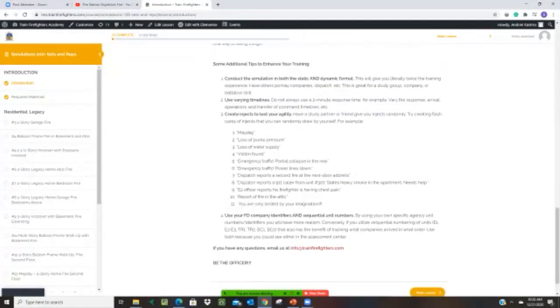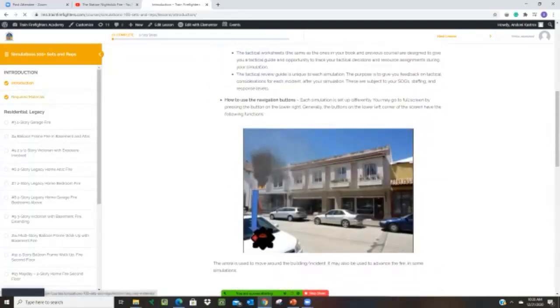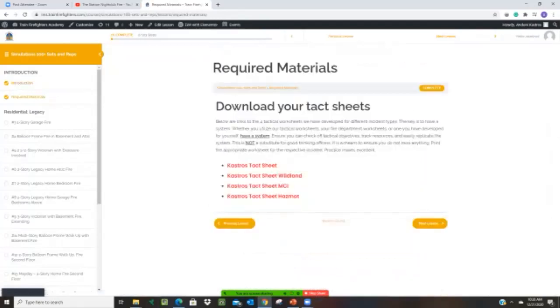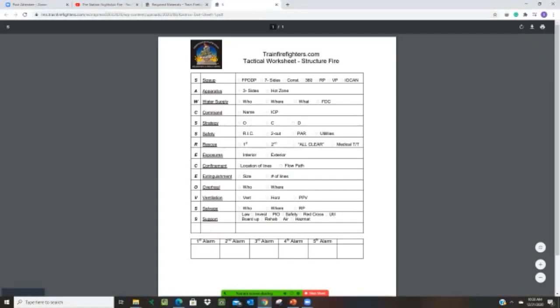It's an opening here, and the required material for this is going to be standalone. What we have here for you are tactical worksheets. I don't think we've gone over a tactical worksheet yet in this sim lab, but this is an example of a tactical worksheet that we have. We have them for structure fires, vegetation fires, MCIs, and hazmats.